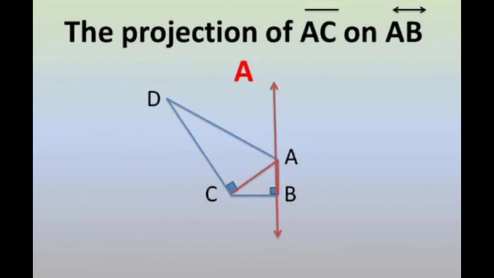Line segment AC has two terminals, A and C. The projection of point A is the same point A, and the projection of point C is point B. So the projection of line segment AC on the straight line AB is line segment AB.